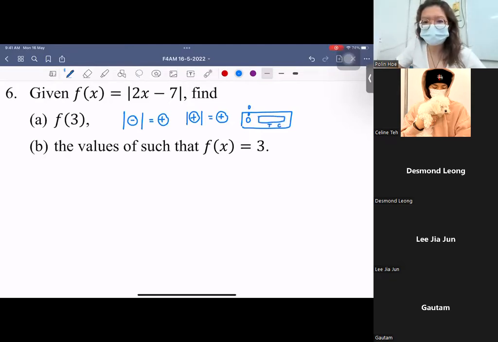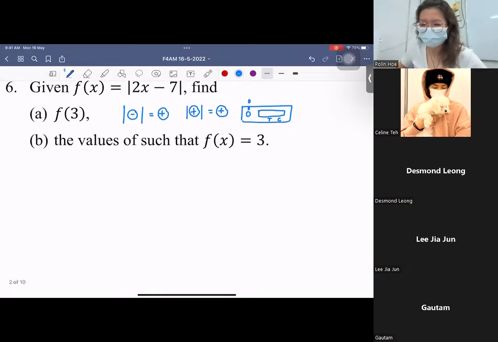No matter what, as long as it's inside these two straight lines, it will become a positive number.